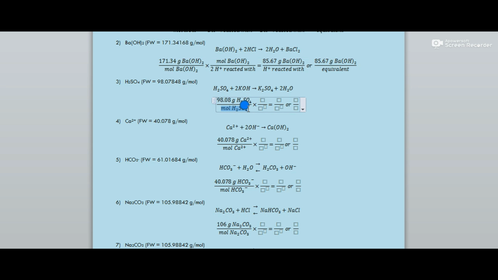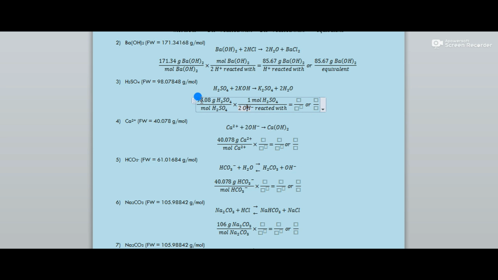Yes. According to the stoichiometry of the chemical equation, 1 mole of our strong acid will react with 2 moles of hydroxide.